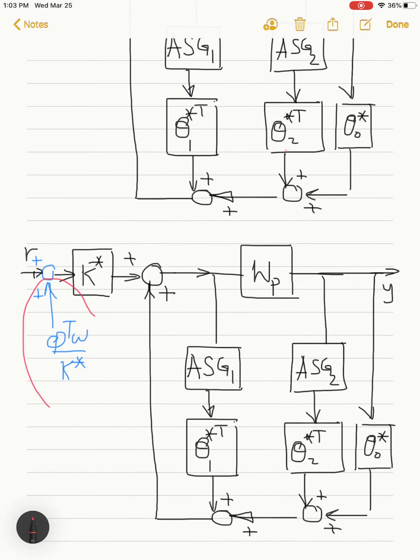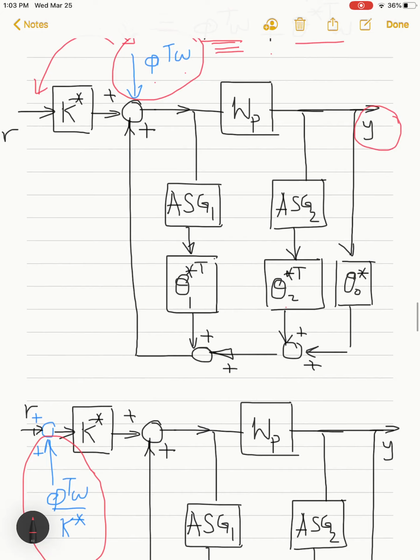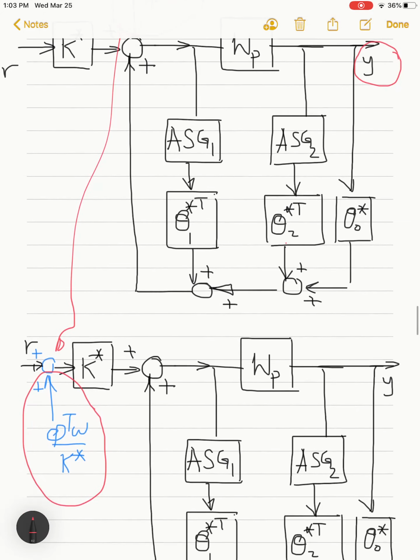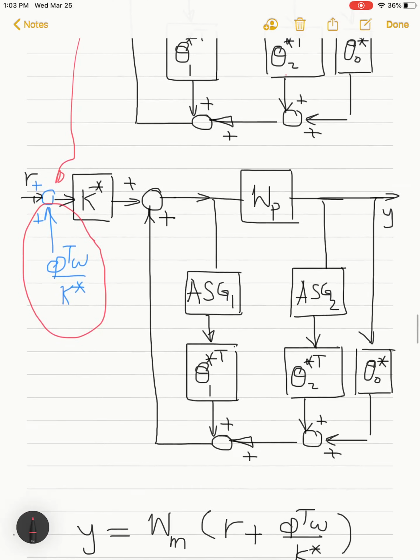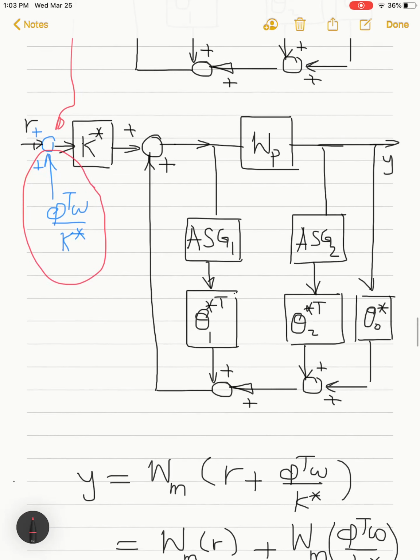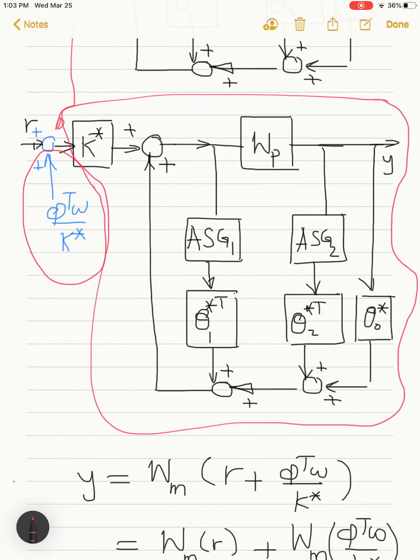As you can see here, we have moved this block behind k star, so I just divided by k star here. But the purpose of that is that the resulting block diagram here would be just the reference model transfer function.